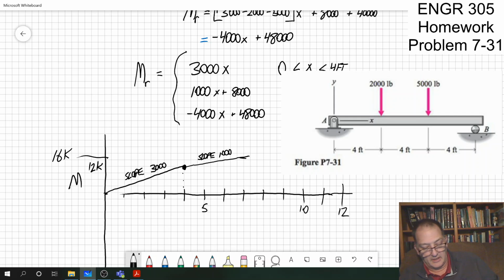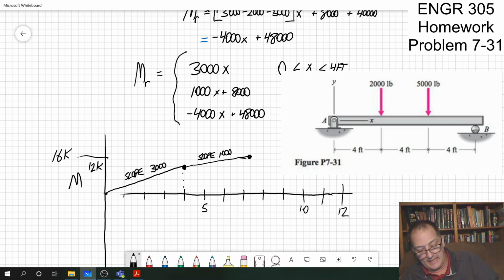So, okay, let's figure out this last one. At 8 feet, it's equal to negative 32,000 plus 48,000. That'd be 16,000, right there at the end of the last line. So this is continuous from the left and from the right. The slope is not continuous, but the value is continuous.